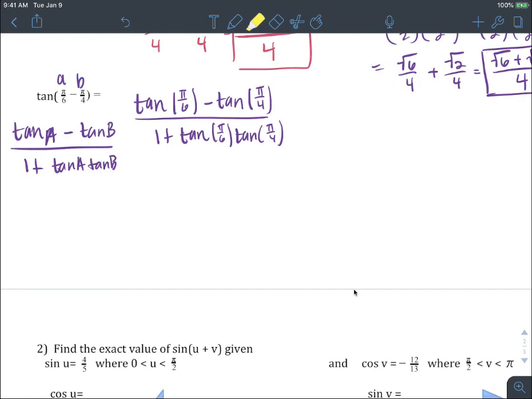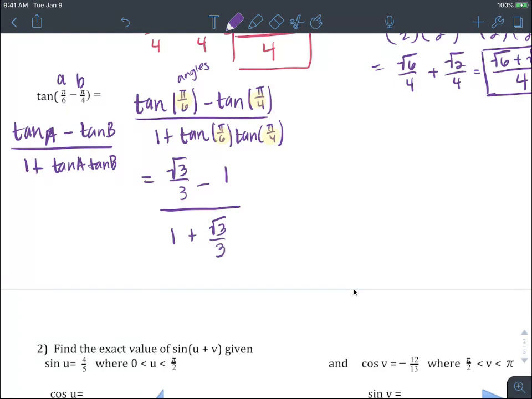Are all of these inputs angles or ratios? They are all angles, guys. Okay, so what ratio do I have at pi over 6? What tangent ratio? I have root 3 over 3 minus tangent at 45 is 1 all over 1 plus root 3 over 3.